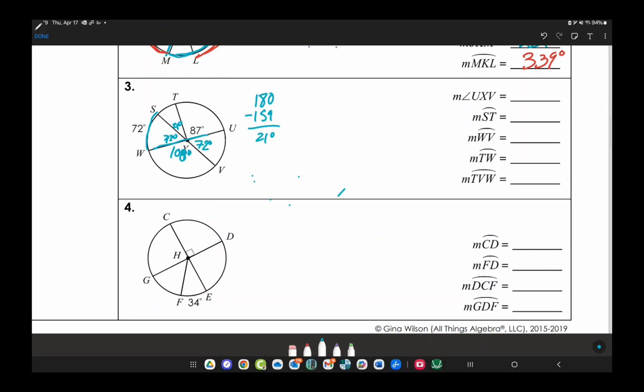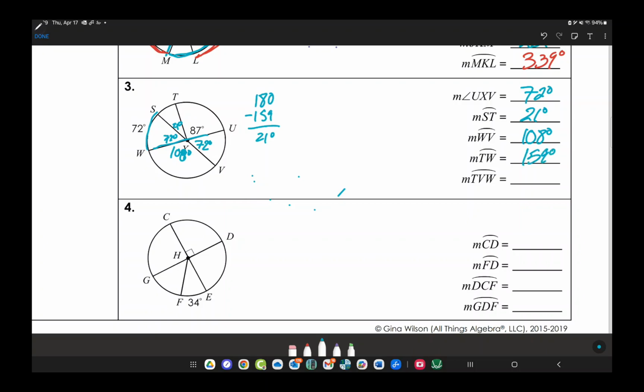So since we have all the angles, we now have all the arcs. Angle UXV is 72. Arc ST is 21. Arc VW is 108. TW is 159.